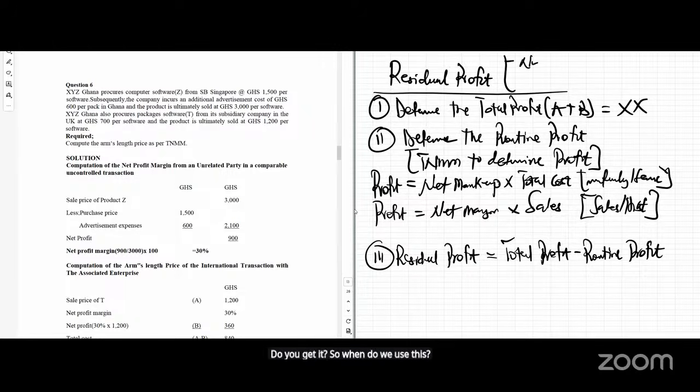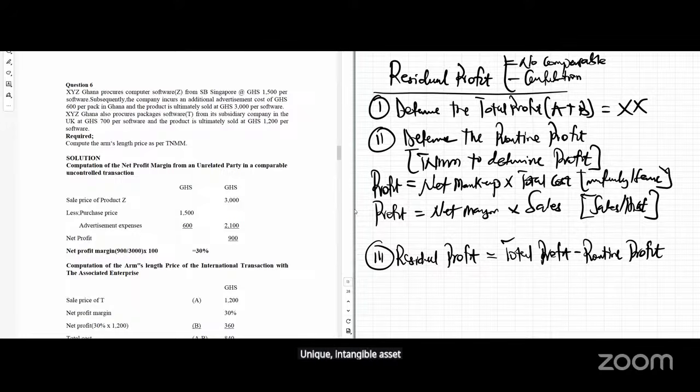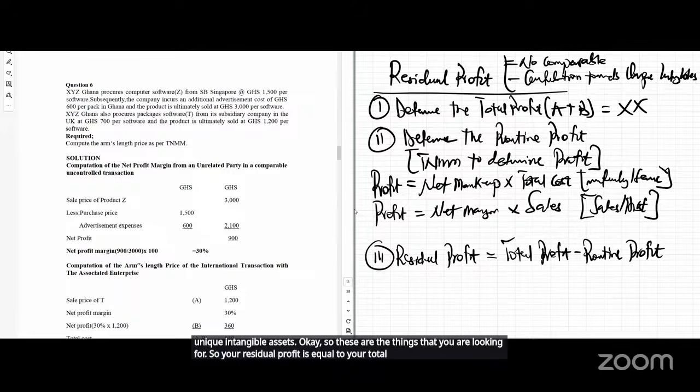We use this when there are no comparables, because the thing we are using is not common, and at least one party contributes towards unique intangible assets. These are the things you are looking for. So your residual profit is equal to your total profit minus your routine profit.